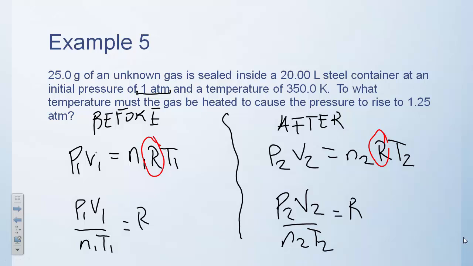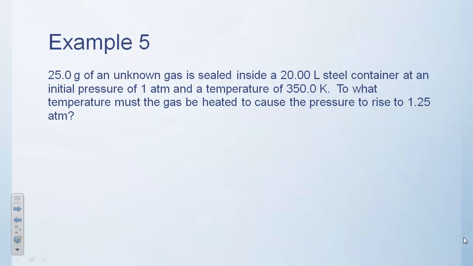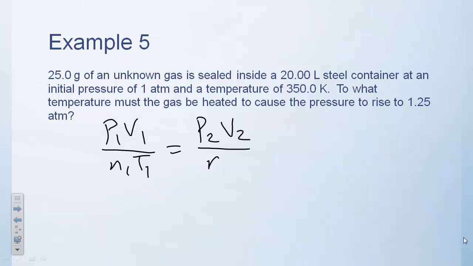So what we can say very neatly is that P1 V1 over N1 T1 is equal to P2 V2 over N2 T2. We should be able to derive this relationship anytime we want to.